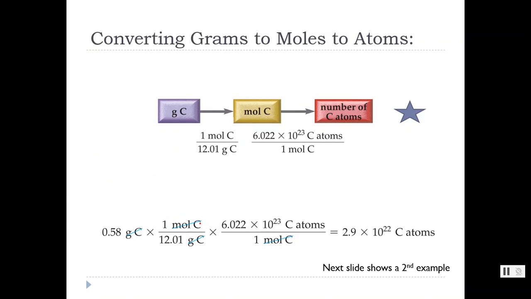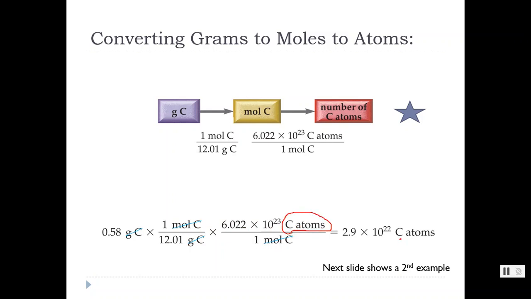Now we're left with the moles of carbon in the numerator from just this first step. Then we go on and use Avogadro's number to go to carbon atoms, written, of course, so that our units cancel, and so we're left with carbon atoms in the numerator, which is what we're looking for.